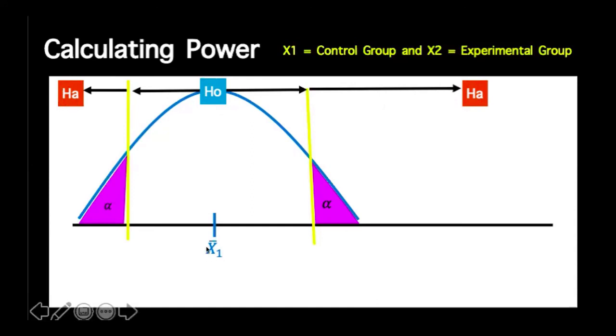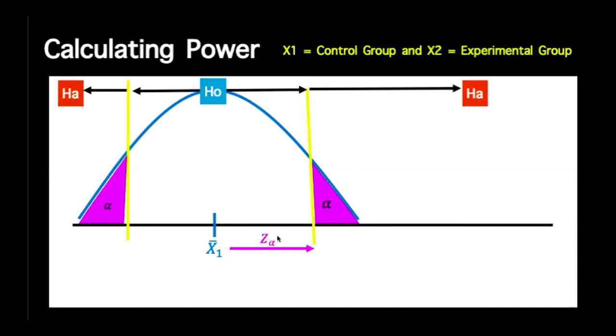So we take this control group sample mean and compare it to how far away it would be from this alpha. Remember, alpha is directly related to your level of confidence, right? Z always represents the area to the left of a given curve area.